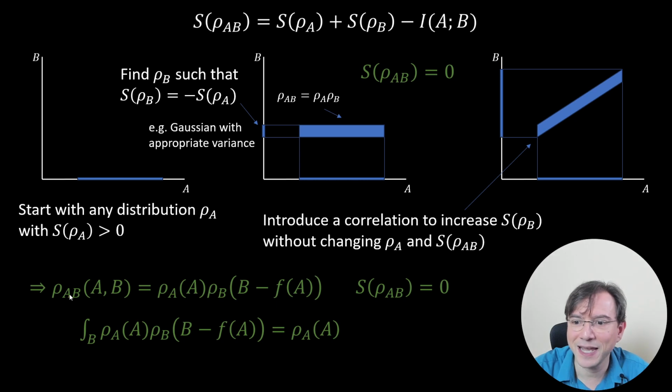So more mathematically, the joint distribution is equal to the product of the distribution on A times the distribution of B minus f of A, such that when we do the integral on B, well, by changing variable, this goes away, and we just have the distribution of A. So yes, we can purify even classical states if we again understand that pure states are not perfectly prepared states, but states prepared up to zero entropy.